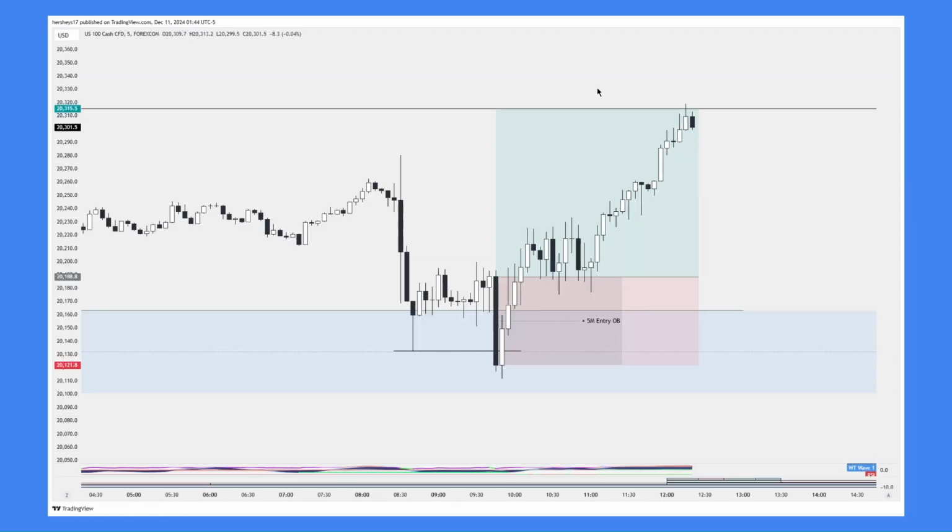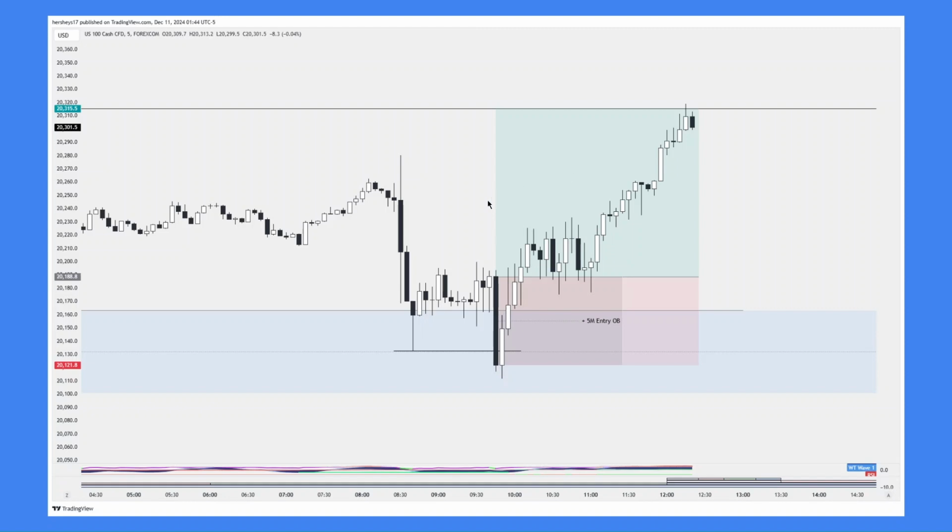On the execution part of the 4-hour in the same NAS CFD chart, we can see price gives us a shift in order flow here on the 5-minute chart before retracing back into the 5-minute order block formed here. And we took our entry, putting stops right below the body of the low, targeting for an easy 2 hour towards the highs.